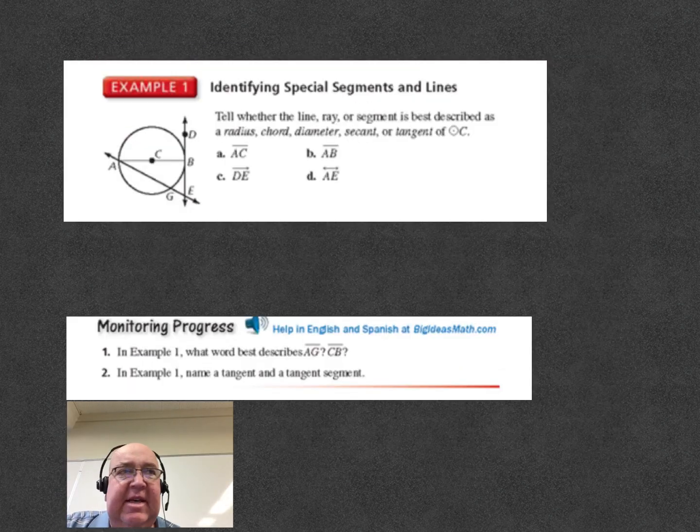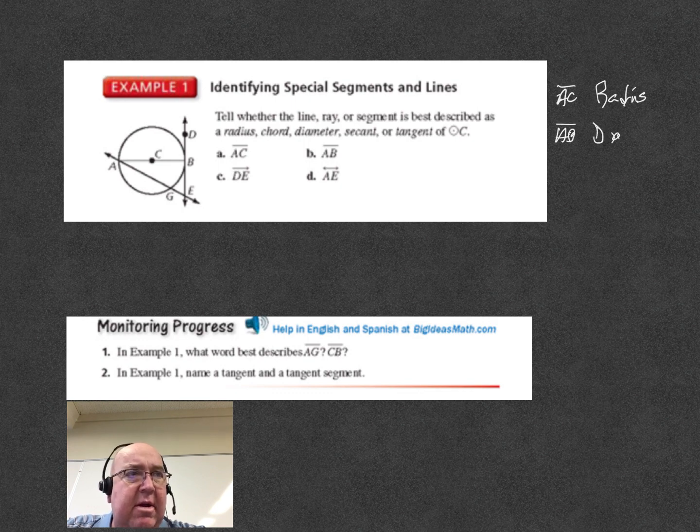So we're asked to identify what things are. So AC is going to be a radius because it ends in the center. And AB is going to be a diameter, goes through the center and intersects on both sides.